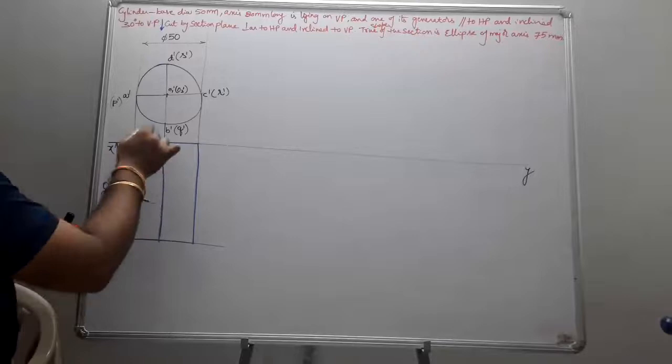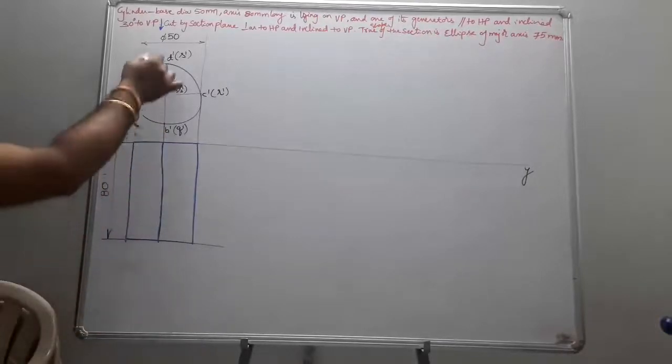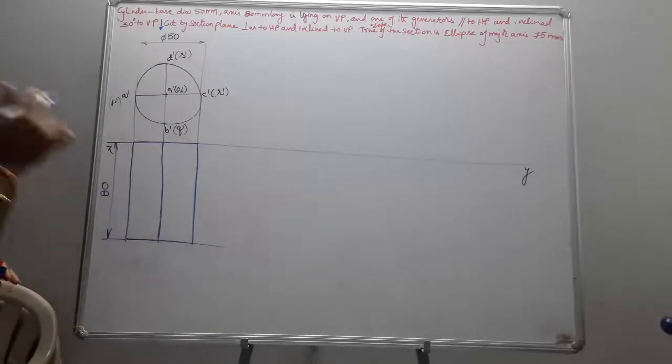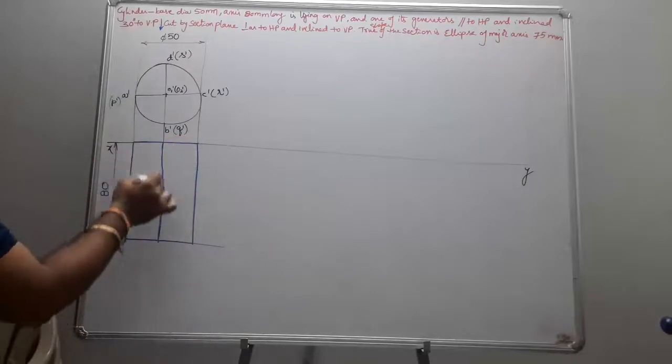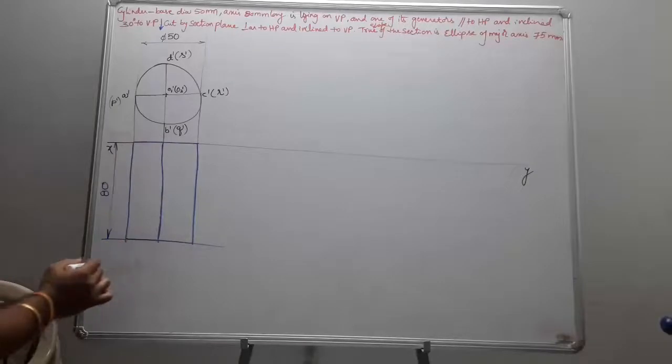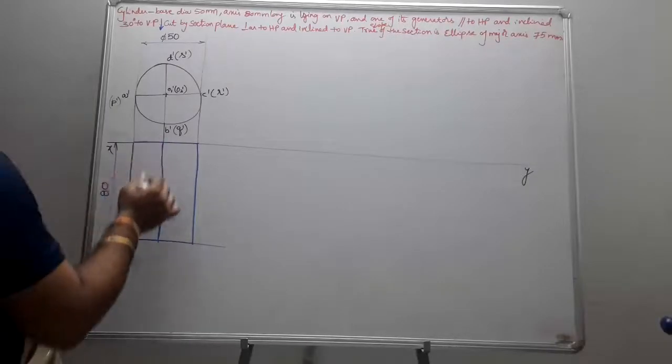So this axis line, I just consider it as one of the generators for reference. Actually for a cylinder we consider only the base and the generators. For my convenience I just take this as also a generator which is going to be visible.